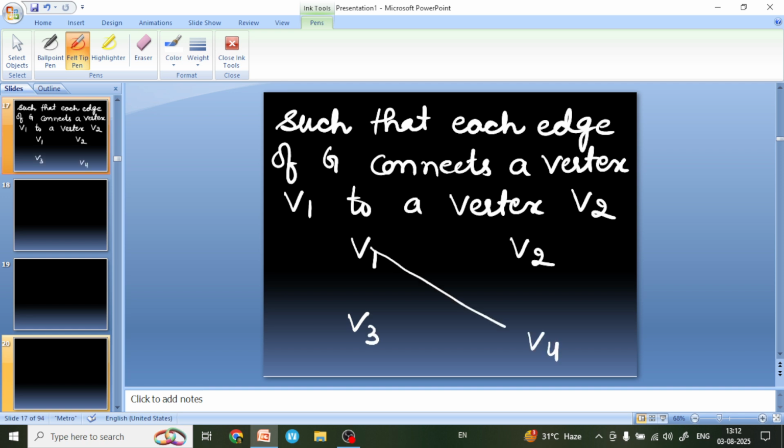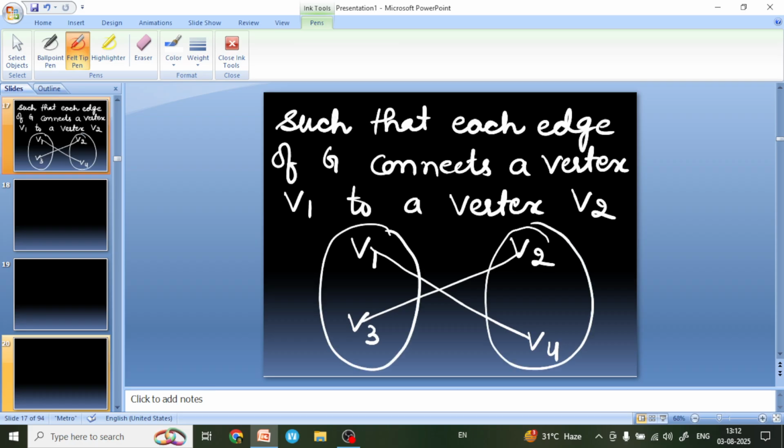V1 joins with V4, V2 joins with V3, and V1 with V3, V2 with V4. These are bipartite graphs.